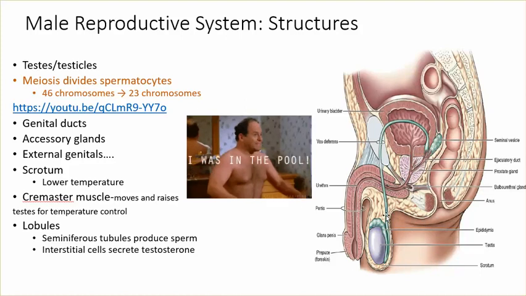There is a muscle here in the scrotum called the cremaster muscle, and it's for temperature control. The testis is divided into a whole bunch of lobes and lobules, where there are these things called seminiferous tubules that make the sperm. And between the seminiferous tubules, there are these cells called the interstitial cells, and they make the testosterone.